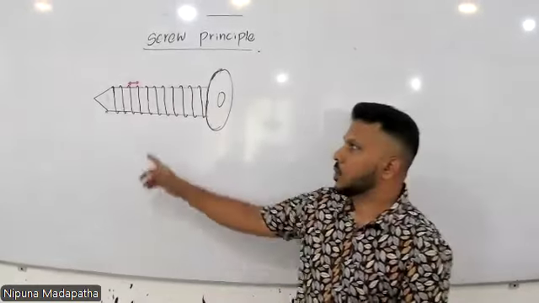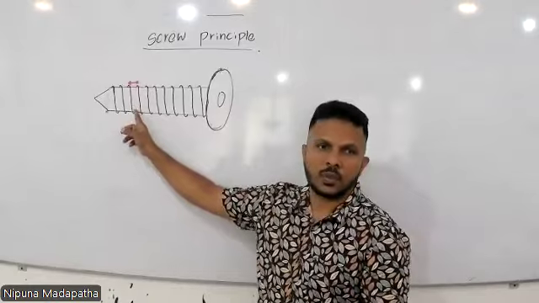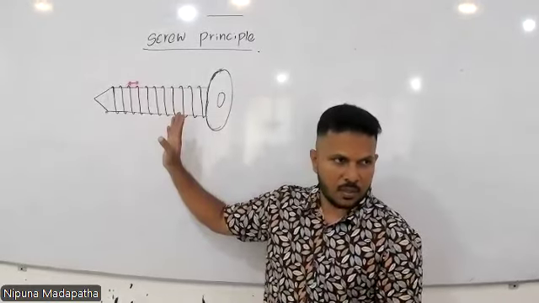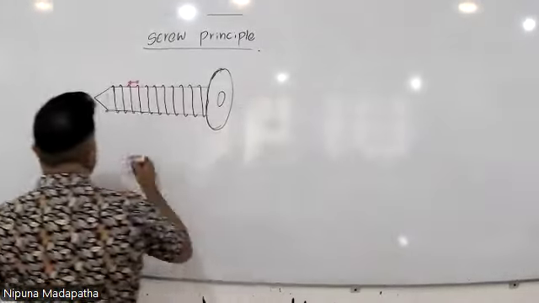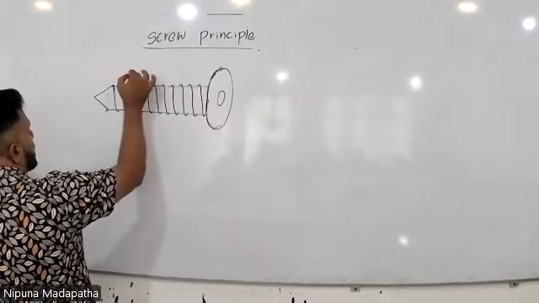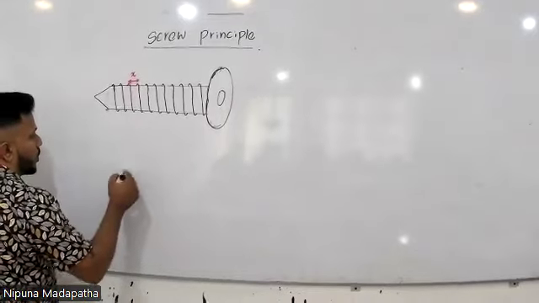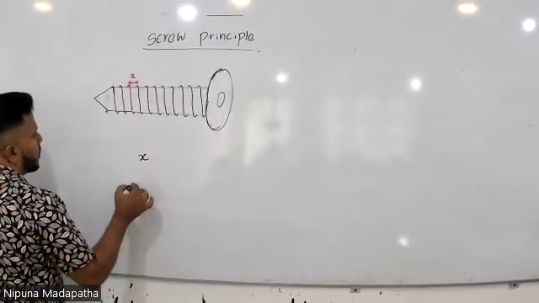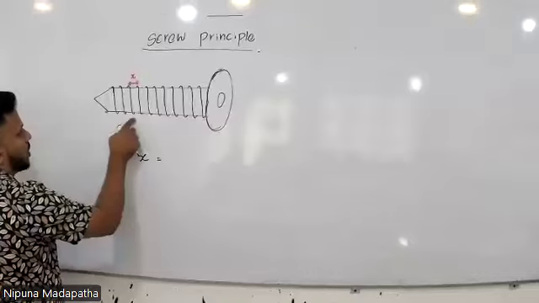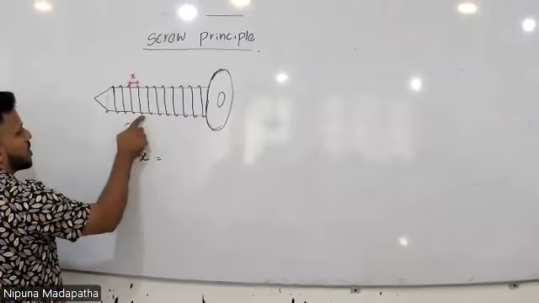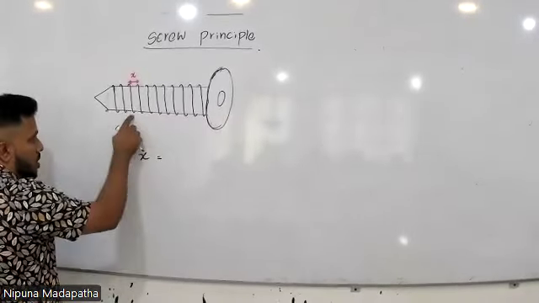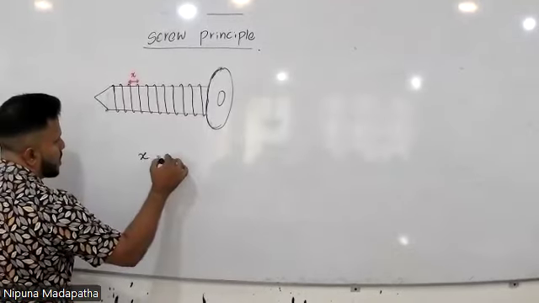The distance is equal to the length between two adjacent threads. Suppose it is x. We have a specific name for the gap between two adjacent threads: we call it pitch.